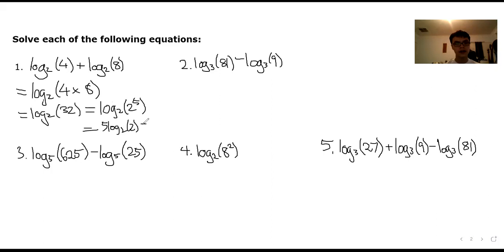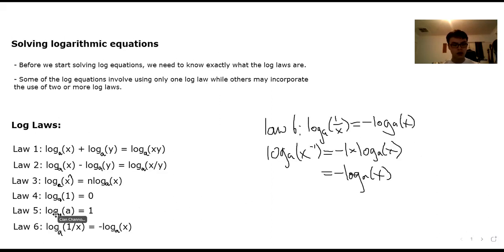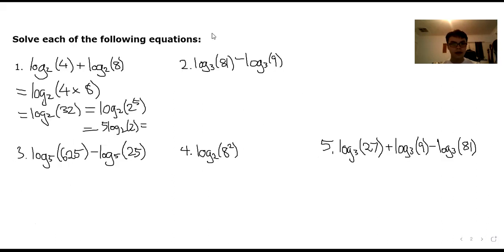Finally we can use log law 5 to fully evaluate this, where, if you remember from the previous slide, the logarithm of a number to the base of that same number is just going to equal 1. So let's go back. It will just equal 5 then.